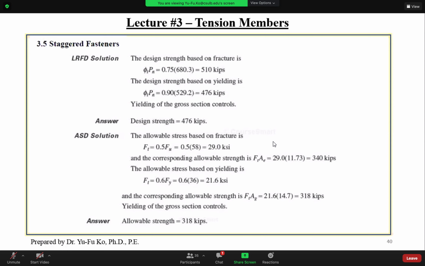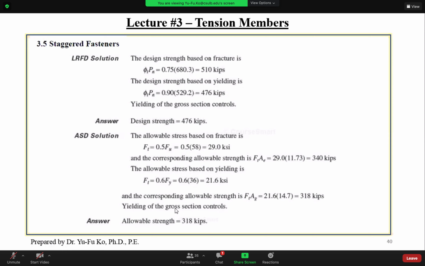So the corresponding allowable strength would be Ft times AE, 29 ksi times AE, which is the one we just calculated, is 340 kips. The allowable stress based on yielding is 0.6 FY, which is 21.6 ksi. So the corresponding allowable strength is Ft times AG, which is 318 kips.